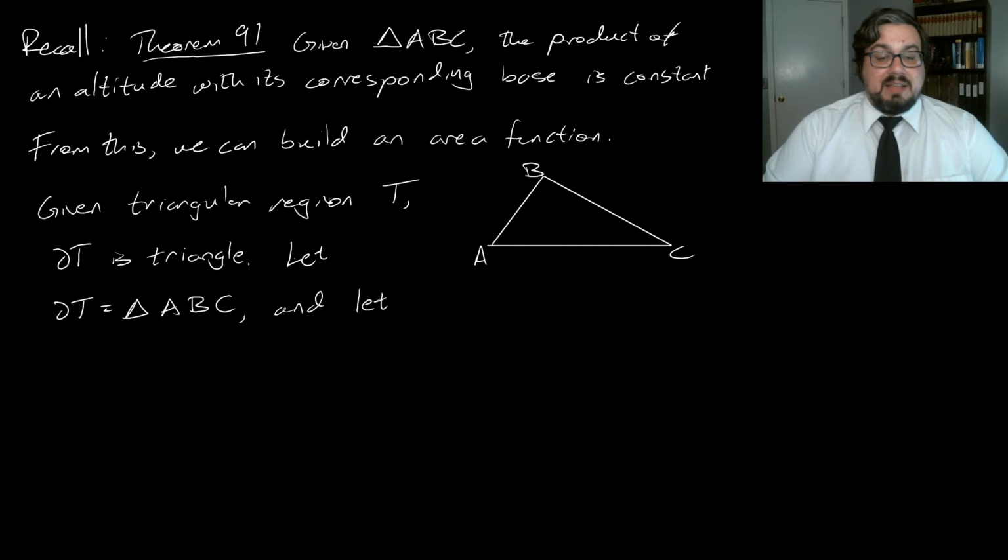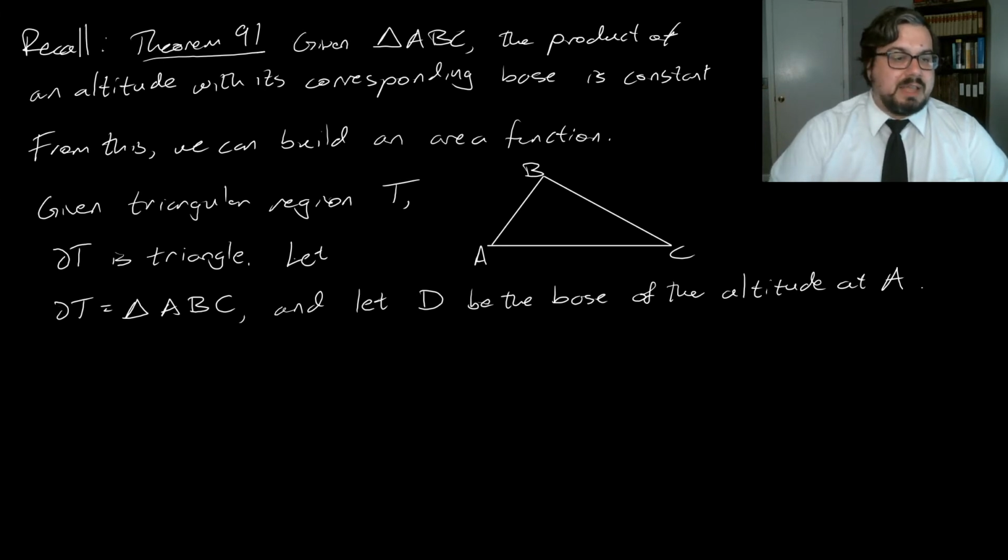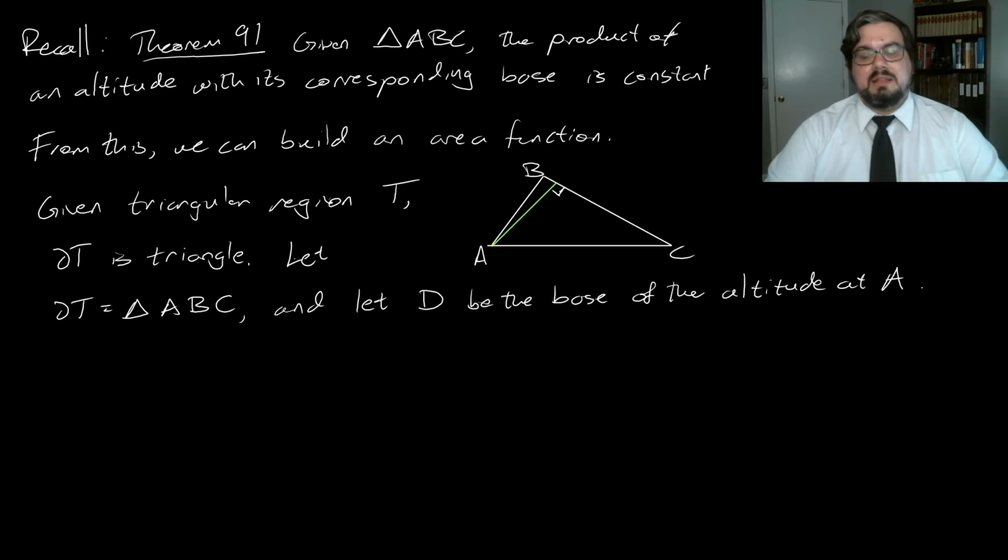And we can let, let's say, D be the base of the altitude at A. So in other words, we can take a line segment from A over to the line BC that is perpendicular there, and we can call this D right here.